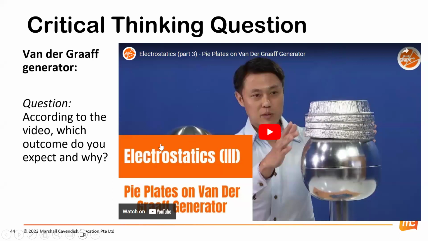And because this side is an Earth sphere, this part will become positive charge because it's near to this negative plate, so it will repel all the electrons down. So this sphere becomes positively charged. A negative plate and positive charge will have an attractive force, as unlike charges attract. So the pie plates actually move towards this Earth sphere.